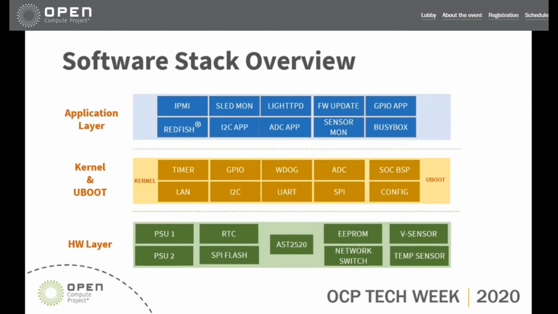The Linux kernel, we all know, provides certain services such as memory management, process management, device drivers, etc. The RMC stack widely uses various device drivers such as GPIO, timer, watchdog, LAN, I2C.